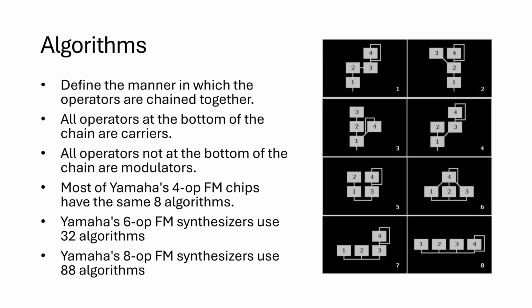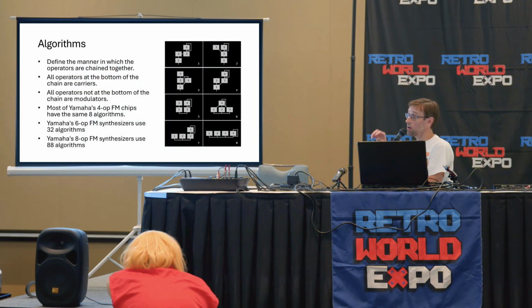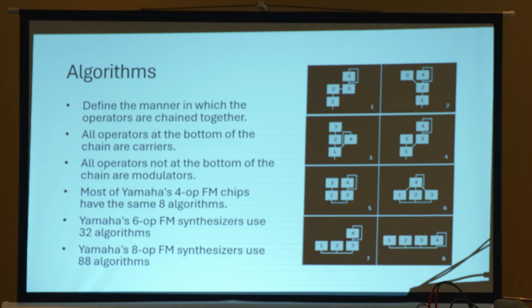As I say, these are the relationships of the operators. Down here, you see they're all in a row together, and all that means is that their outputs are just added together. It's like mixing a guitar and a piano and drums all on a mixing board, as opposed to one of these where they're stacked on top of one another.